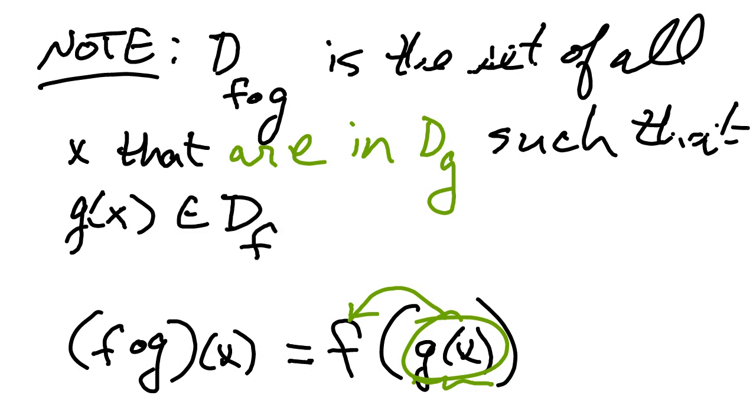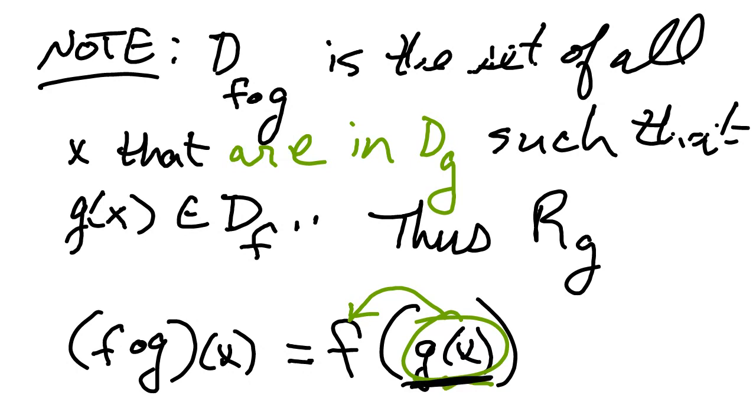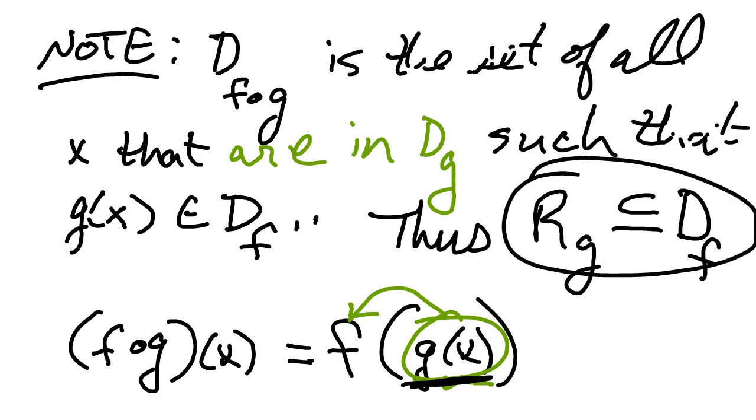We have to be able to plug that in. So what that's really saying is that the range of g, which is the set of all outputs when you plug into g of x, has to be included in the domain of f. So it has to be a subset of the domain of f. Every output of g that we get needs to be able to be plugged into f. So I'm going to draw a picture of that, hopefully.